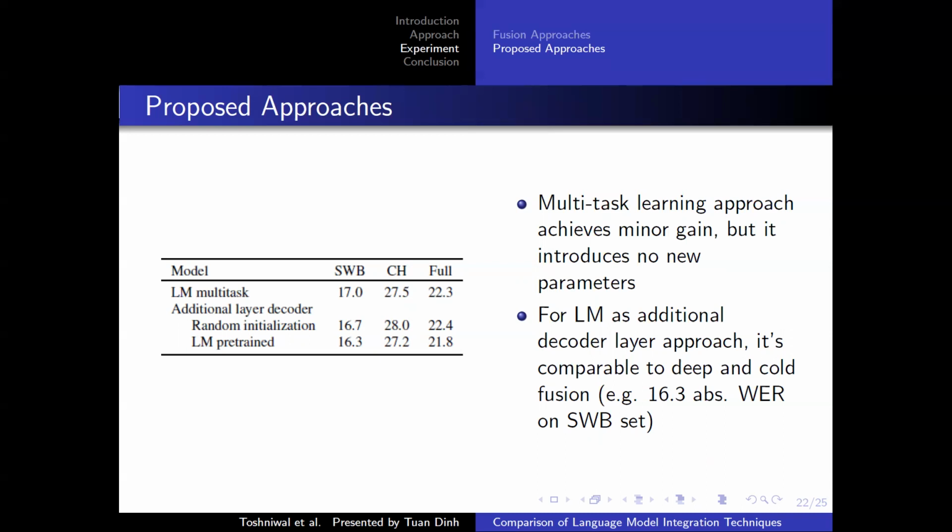However, it introduced no new parameters. The second approach is to use the language model as an additional decoder layer. This approach is comparable to deep and cold fusion on Switchboard, achieving 16.3 absolute word error rate.